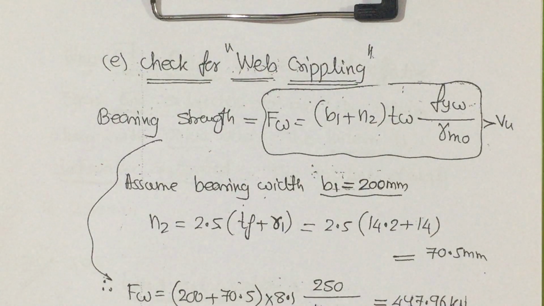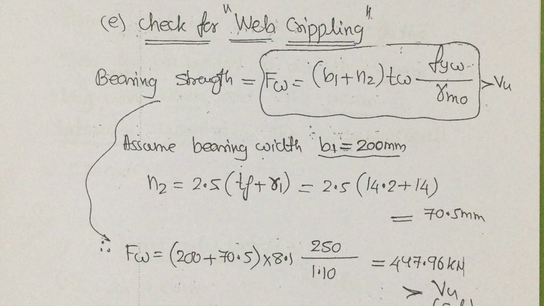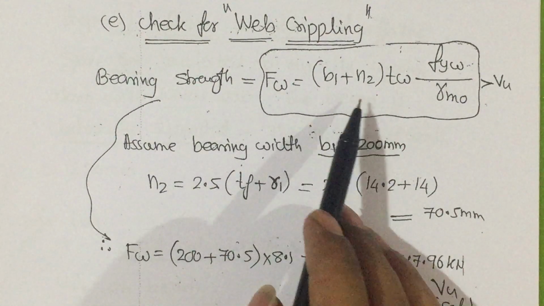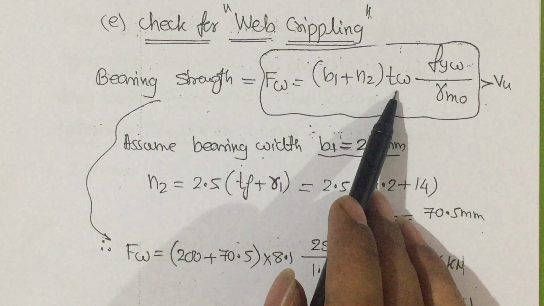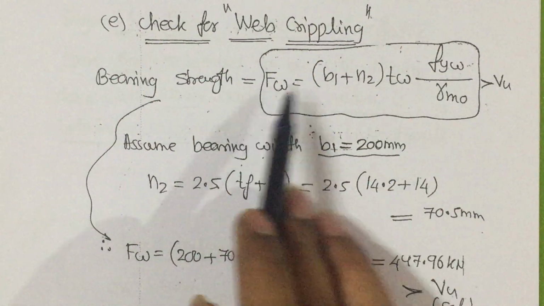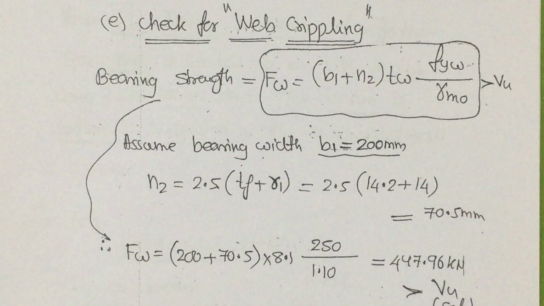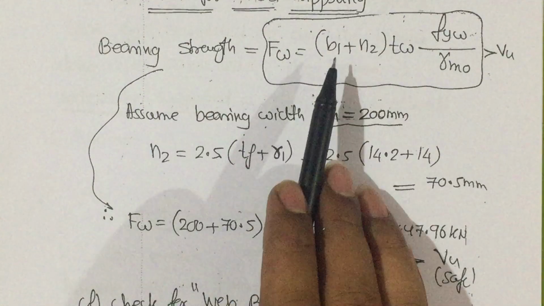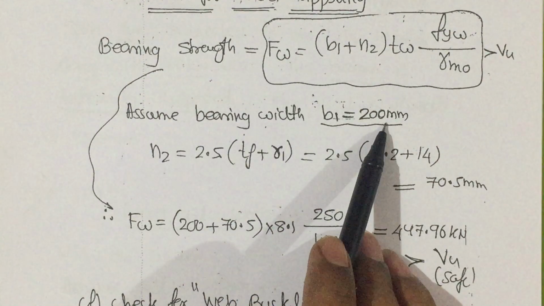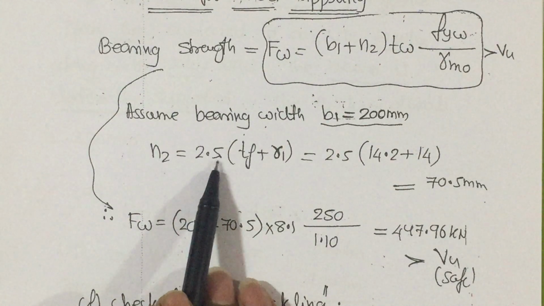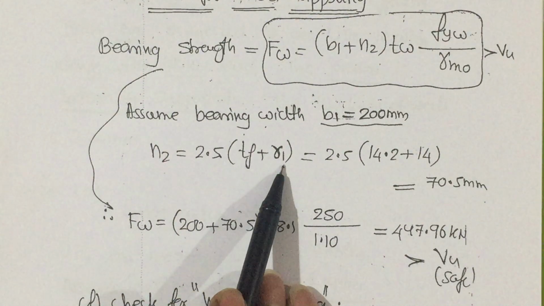Then we will check for web crippling. Here the bearing strength is given by the formula Fw is equal to (b1 plus n2) into tw into fyw divided by gamma m0. Fw should be greater than Vu, the ultimate shear force. We will assume the bearing width b1 is equal to 200 mm and n2 is given by the formula 2.5 into (tf plus r1).